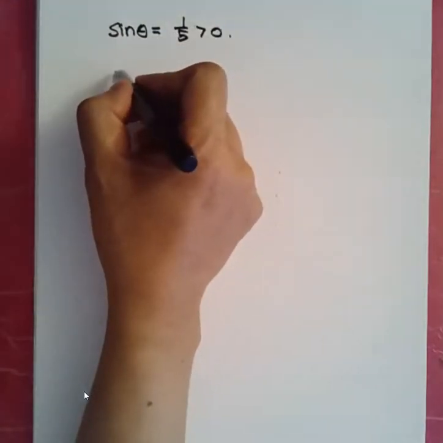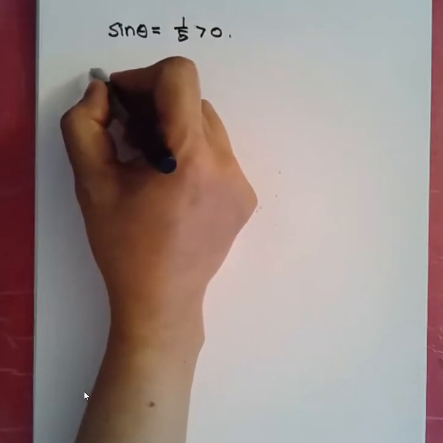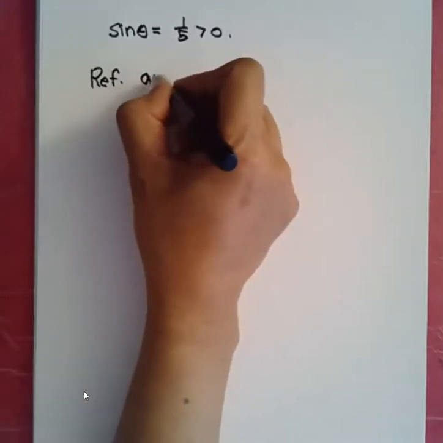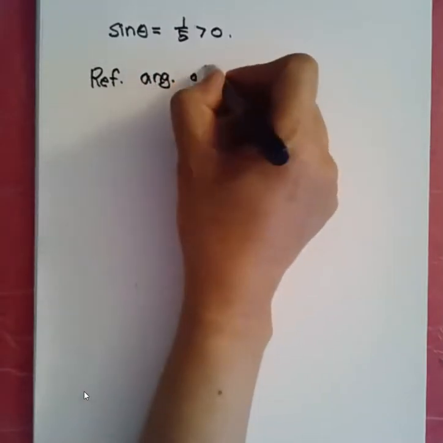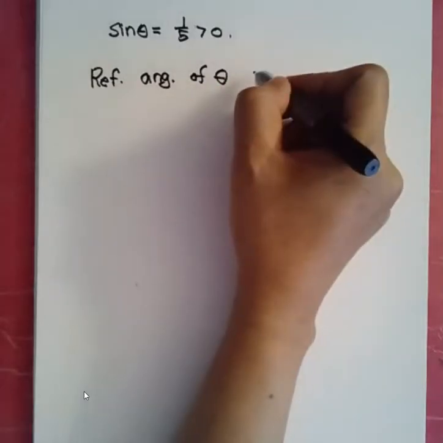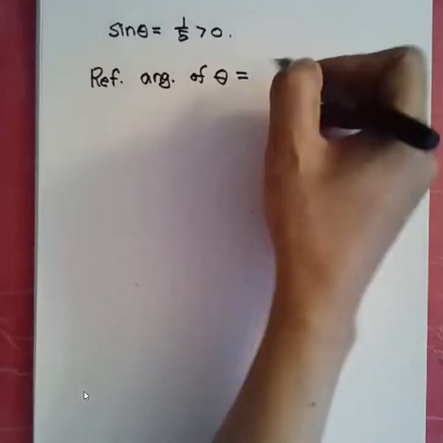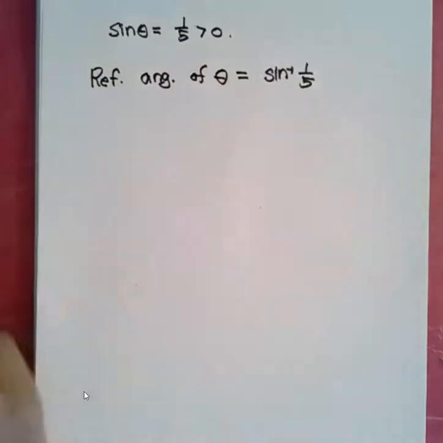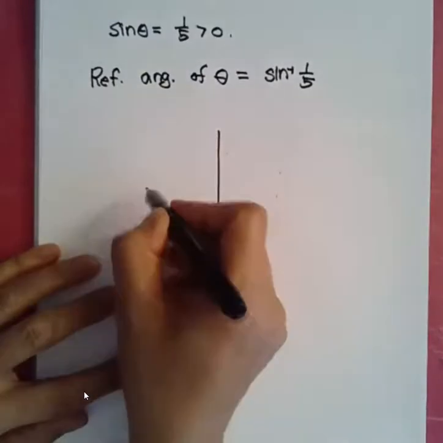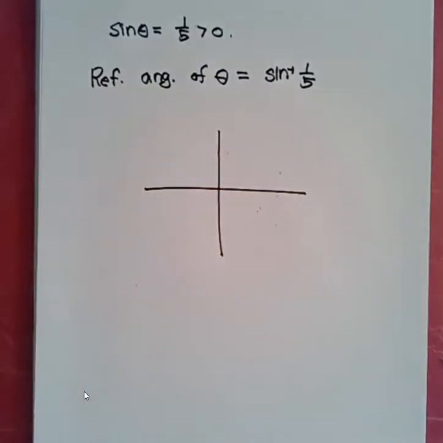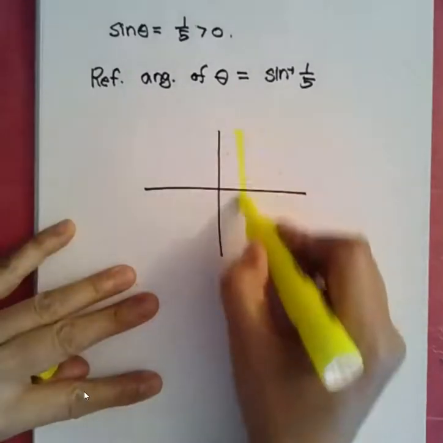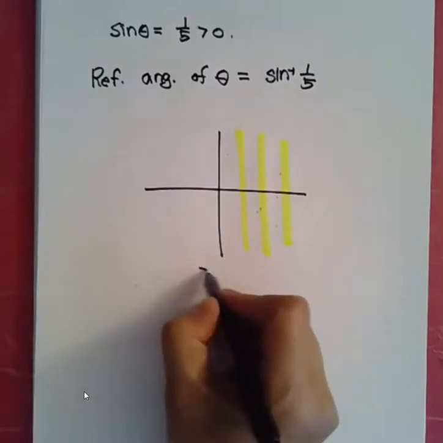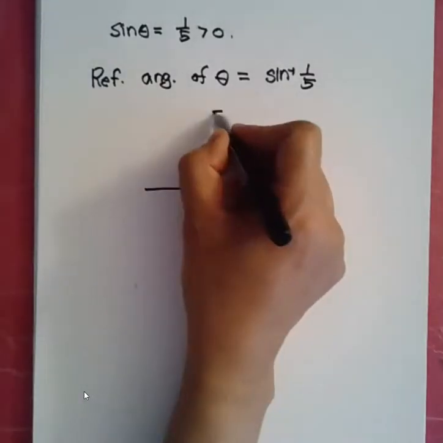So what we want to do is use the calculator to get the reference angle of theta. Reference angle of theta is sine inverse of 1 over 5. What's happening here is the range of the sine inverse function is minus pi over 2 to pi over 2.